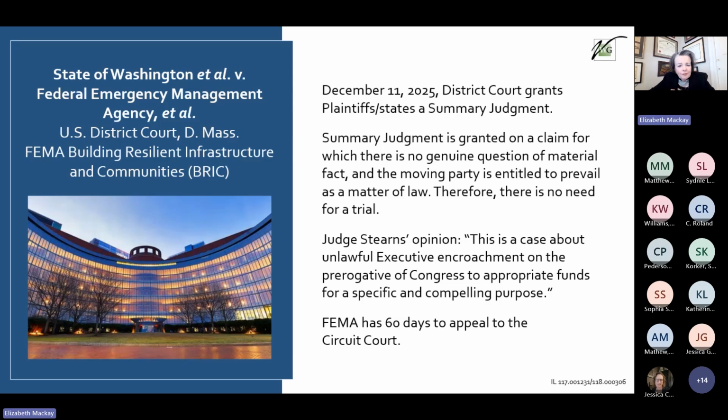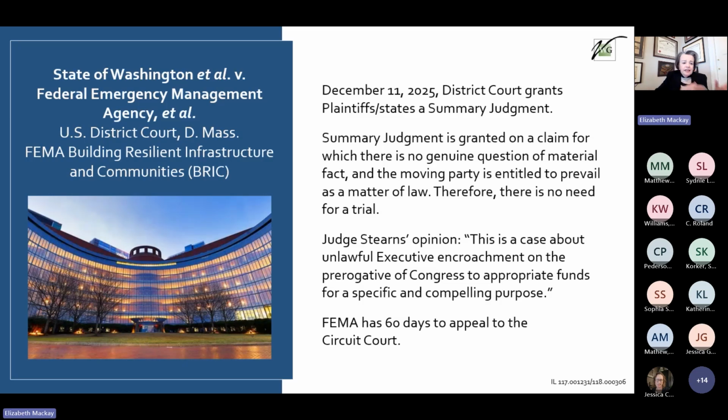But the moving party in a summary judgment is entitled to prevail as a matter of law, as they did here. So the district judge Stearns wrote, "This is a case about unlawful executive encroachment on the prerogative of Congress to appropriate funds for a specific and compelling purpose." Right? So Congress has the power of the purse through their budget. They basically are allocating funds.